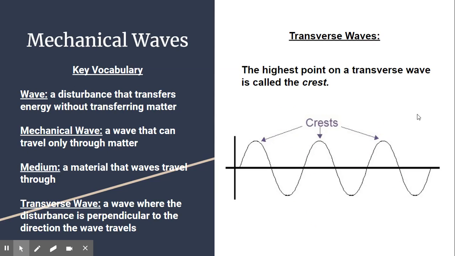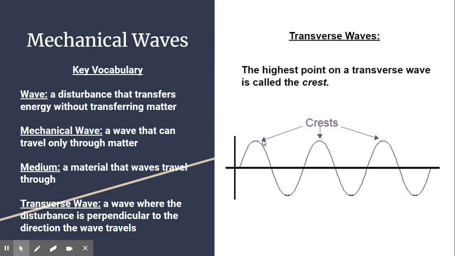You want to add a transverse wave into your definitions. A wave where the disturbance is perpendicular to the direction of the wave travel. As they travel, moving up and down, we call those highest points that they reach a crest of the wave, the very top of the wave.